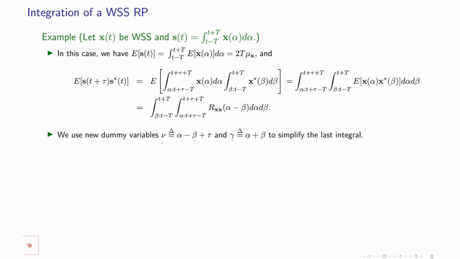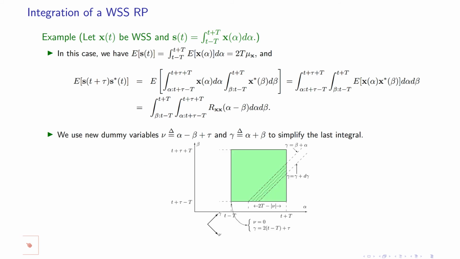From here, we see that d alpha d beta equals, as with a Jacobian, and you also need to change these boundaries. So if you want to stay in the new coordinates, let's say here is the nu direction and this is gamma.